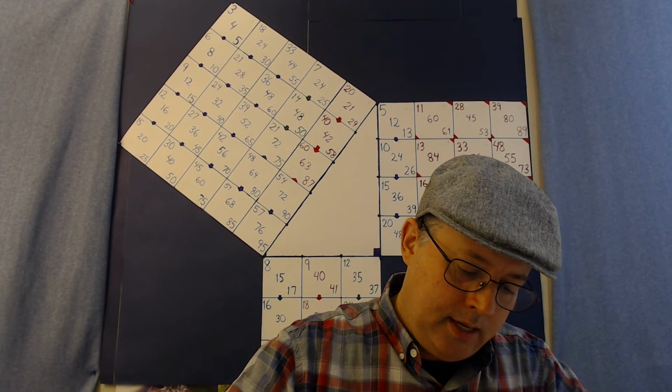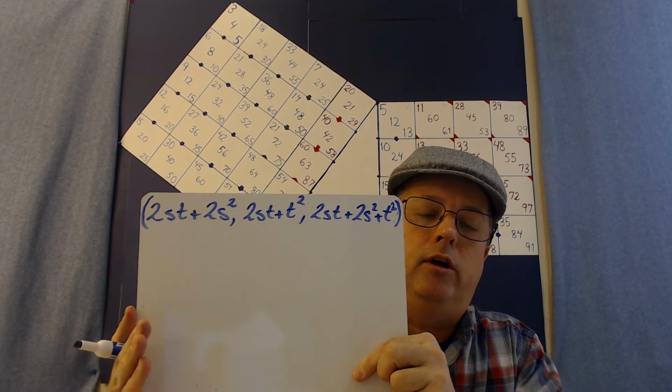Okay, so here's our formula. 2st plus 2s squared, and then 2st plus t squared, and then 2st plus 2s squared plus t squared. Okay, that's our formula that generates Pythagorean triples here.